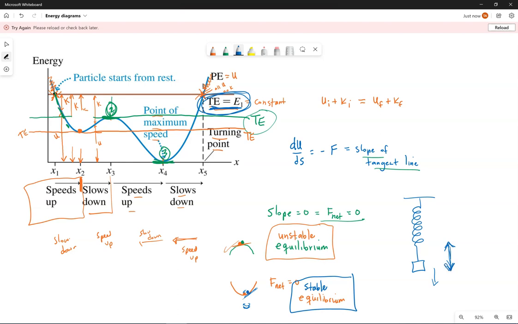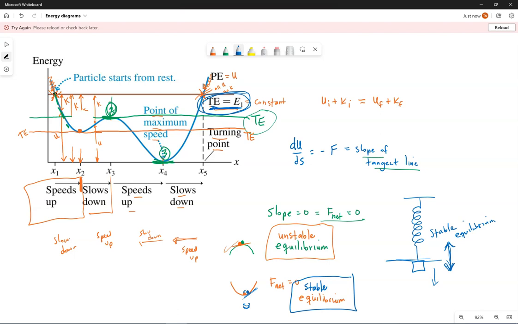forever if there was no friction, which of course realistically there's going to be some thermal energy generated. As time goes on, all that will happen is this mass spring system will eventually come to rest in its equilibrium position. We call this stable equilibrium.